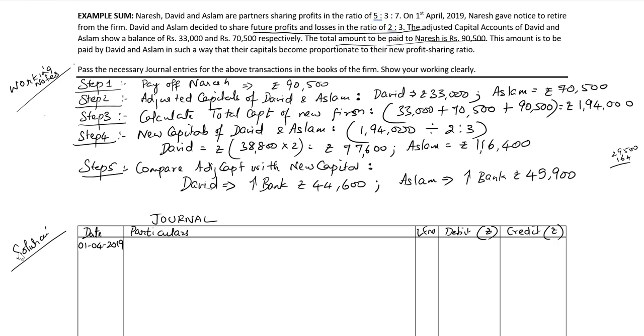The first entry will pay off Naresh the amount which is due to him, which is rupees 90,500. So we have Naresh capital account debit to bank account. The amount paid off 90,500 rupees. Narration being Naresh paid off.